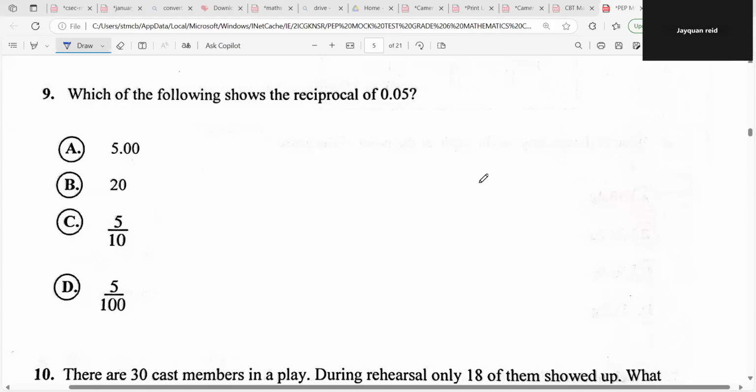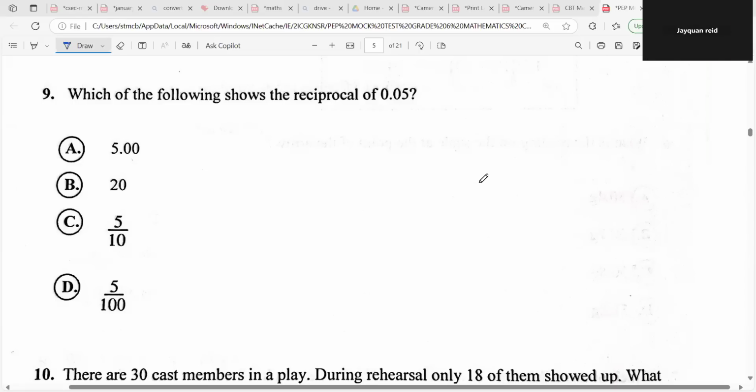Sir, I choose D, because reciprocal means flip the fraction. A is a decimal, and B is a whole number.